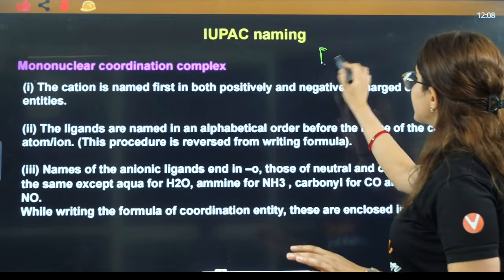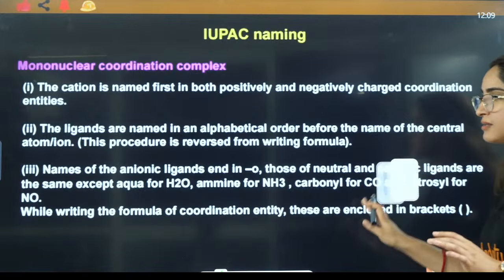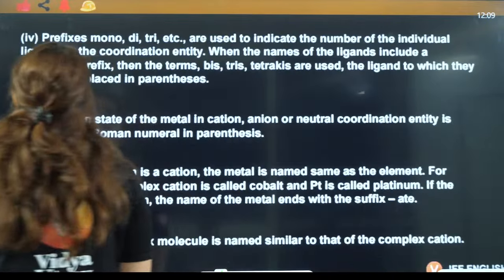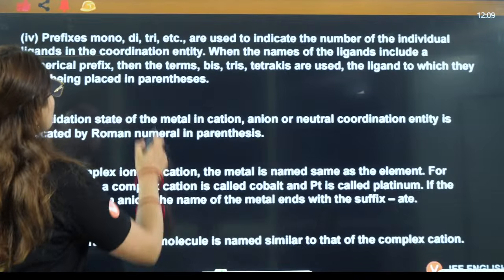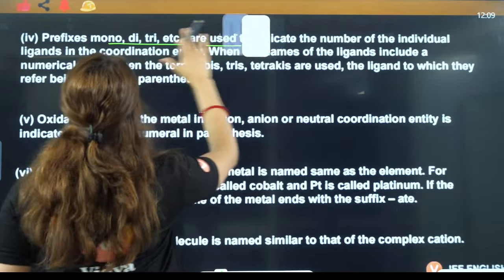Then names of the anionic ligands end with O. That's why it's chlorido, bromido, oxalato. But neutral ligands have specific names. For example, water is aqua, ammonia is ammine, CO is carbonyl, NO is nitrosyl. Then the prefixes mono, di, tri are used to indicate the number of individual ligands in the coordination entity.